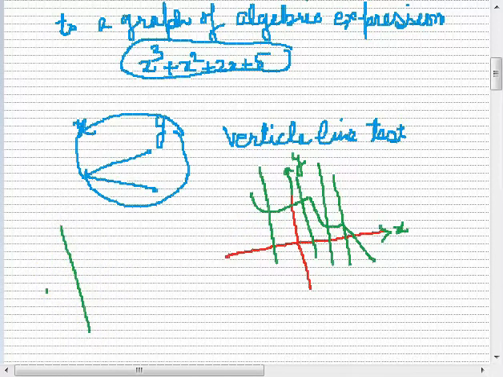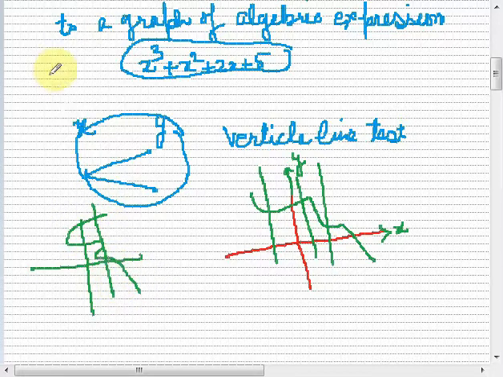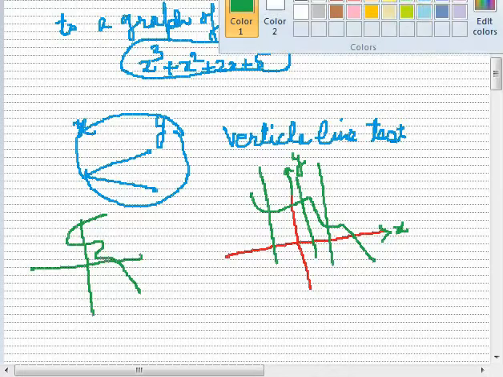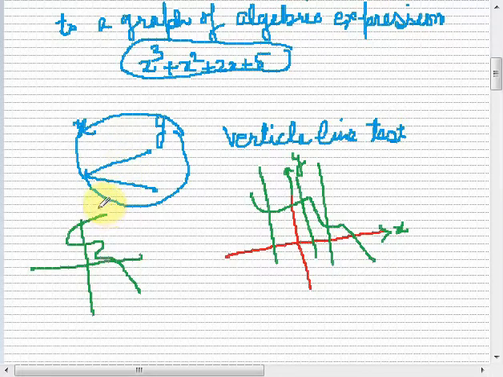Suppose this is the graph. This vertical line cuts the graph at these points, as can be seen. So 3 points are being cut by this vertical line. So at this x value, suppose this x value is x1, we are getting 3 values of y: 1, 2, 3.